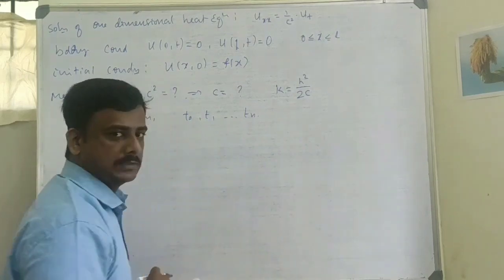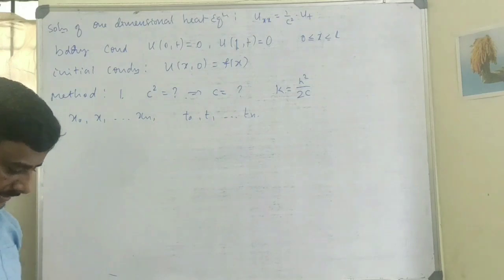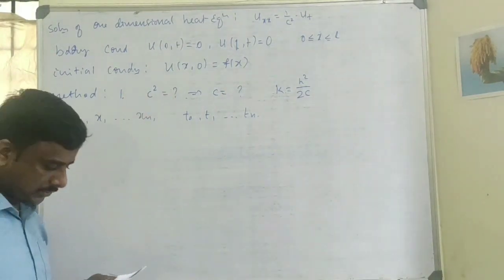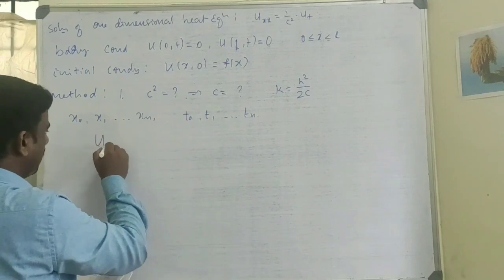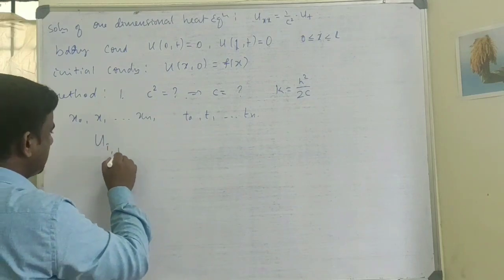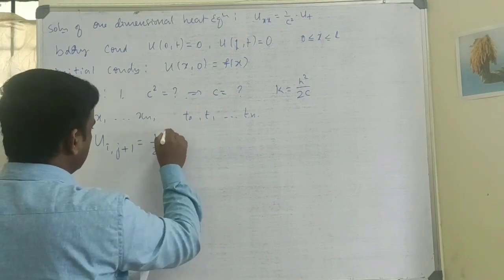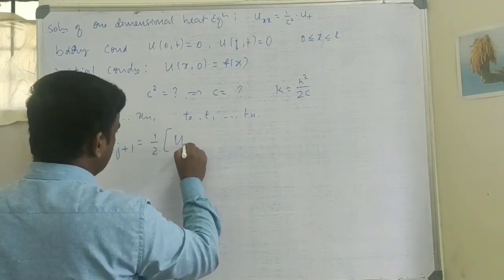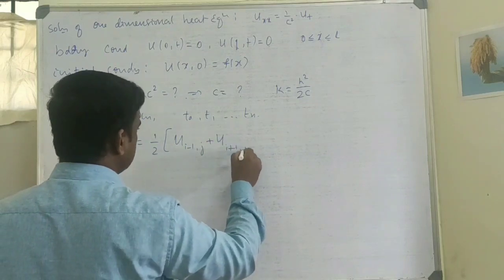And then write the basic informative table as we wrote in the previous case or in the solution of wave equation. Now to find the entries here, you have to use the formula u i comma j plus 1 equal to 1 by 2 times of u i minus 1 comma j plus u i plus 1 comma j.